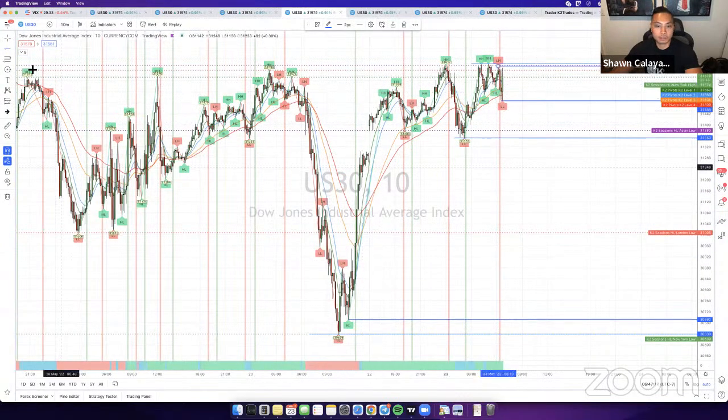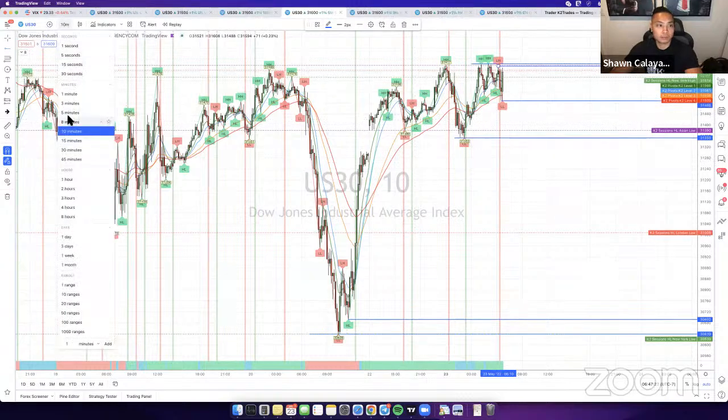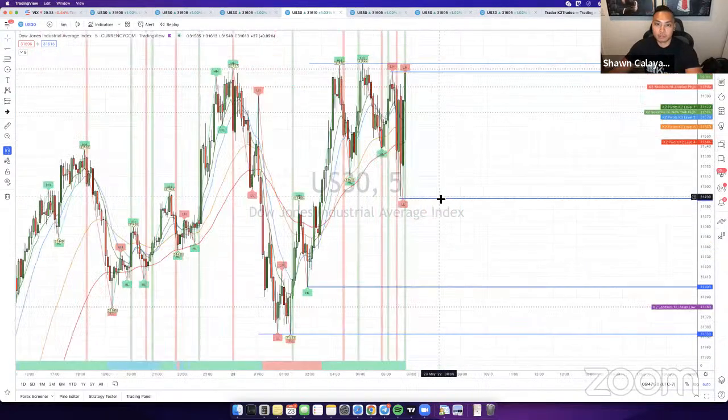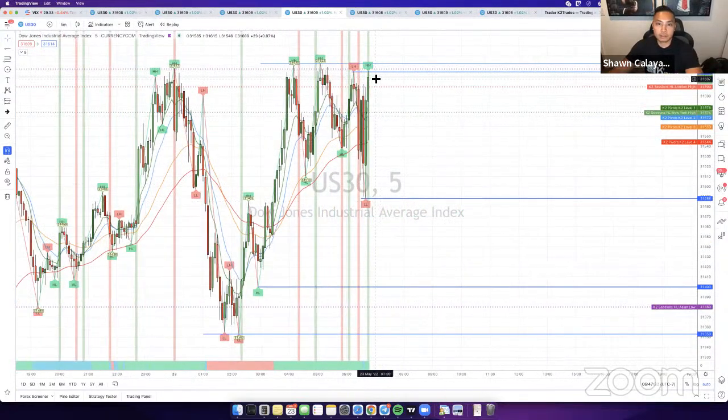Yeah, so there really isn't much here. And then 5-minute. All right, so that's pretty much the liquidity here on the 5. There's nothing here either. Price is just bouncing back and forth at the moment.